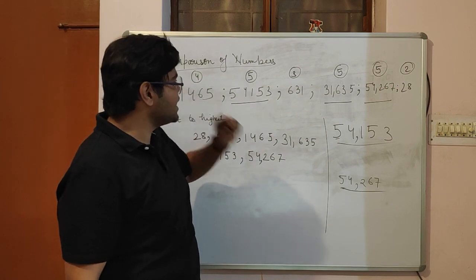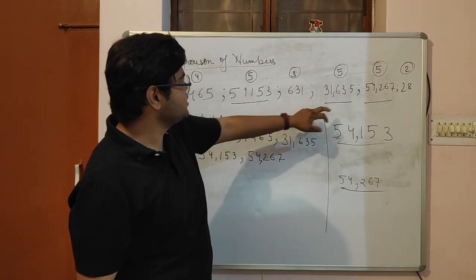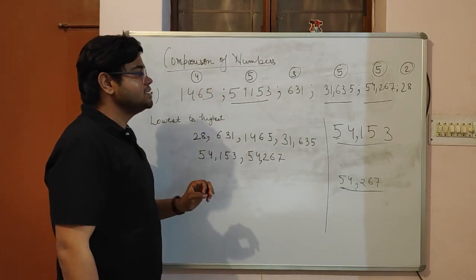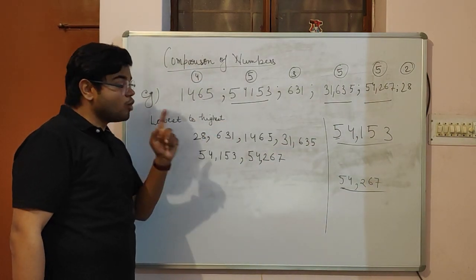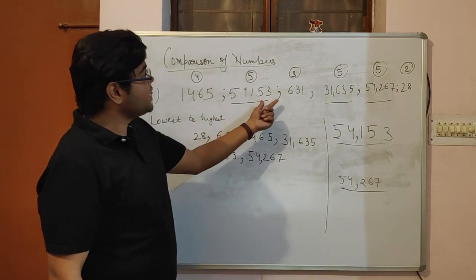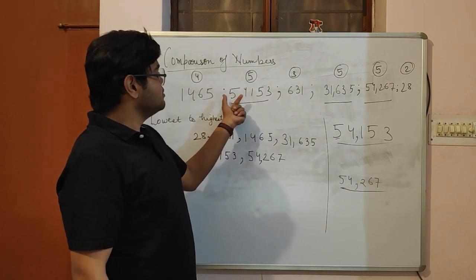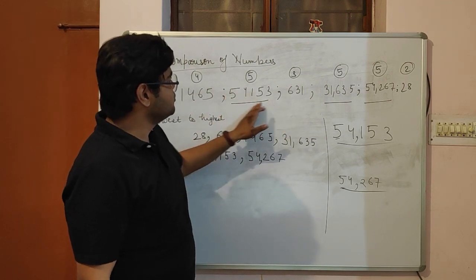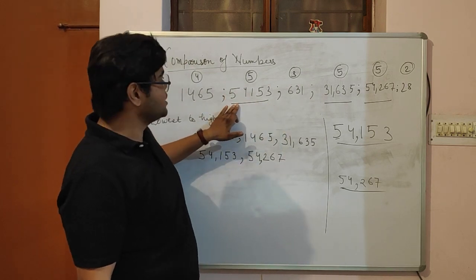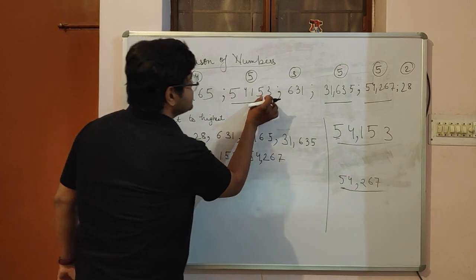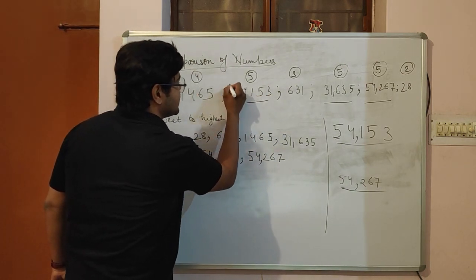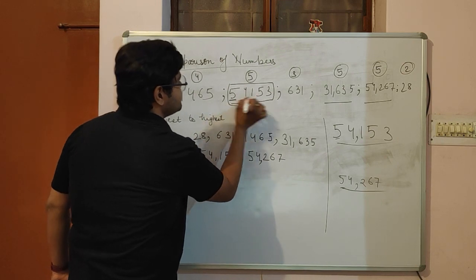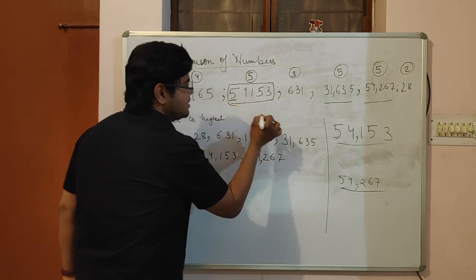Now after this we had 3 numbers, 54153, 31635, 54267, and they all had the same number of digits. So what did we do? We looked at the very first digit of the number, the digit which is to the very left of the number. What did we do? We looked at the leftmost digit of this number, and it was found to be 5.